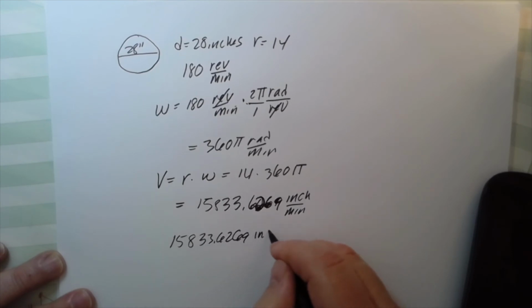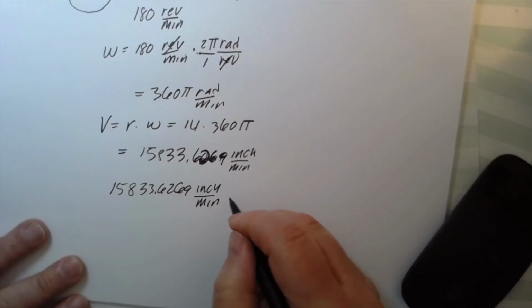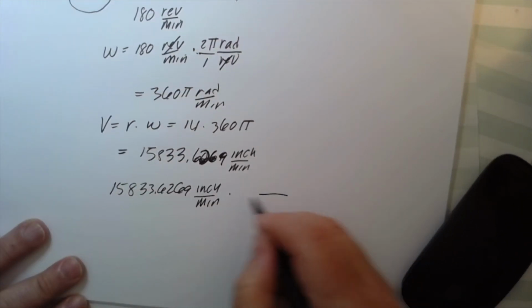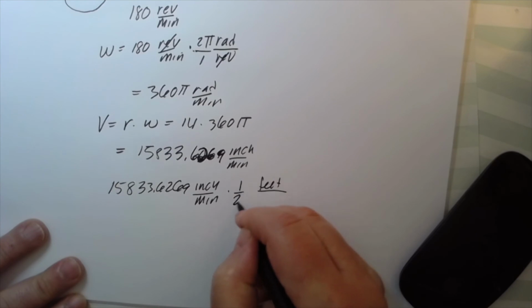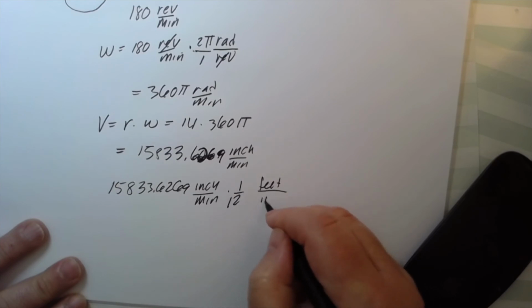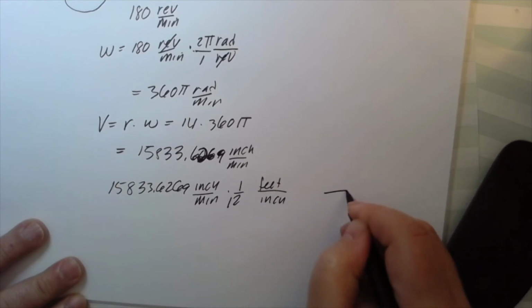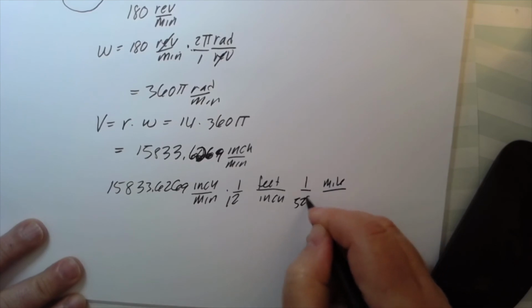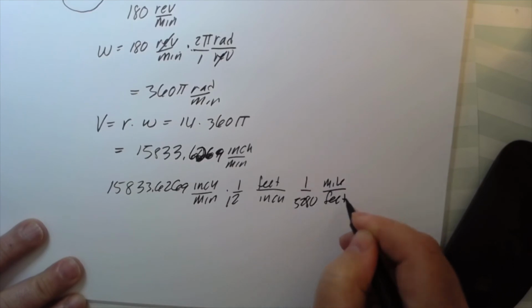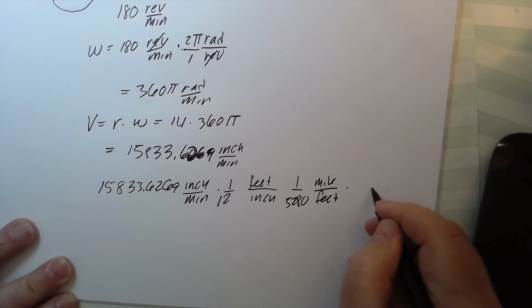Now if I want to convert that into miles per hour, so I have inches per minute. What I want to do is get rid of the inches, so let's put feet in there. So for every 1 foot there's 12 inches. And then let's put the miles in there. So for every 1 mile there's 5,280 feet. And now we want to turn this into hours. I want hours here and minutes there.